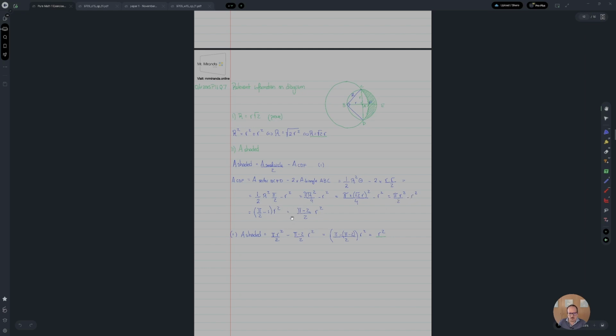So here, this is the area of CDF. The area of the semicircle is given, as I said before, by pi r squared divided by 2. If I take this out, then I will eventually end up with just r squared.